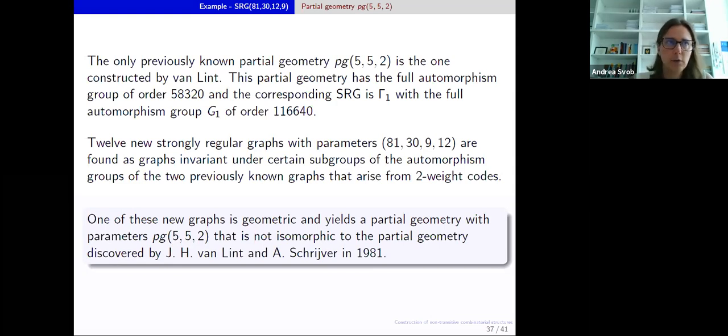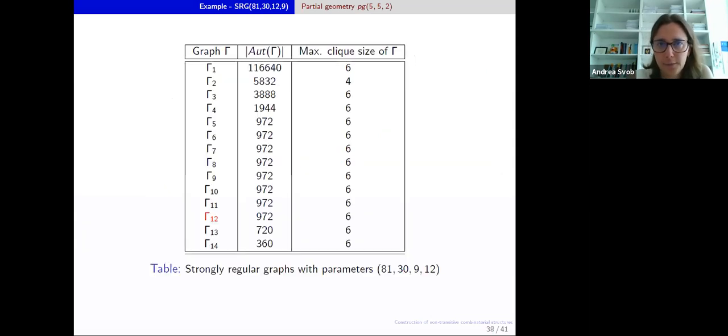We did not prove the existence because the existence was already proven, but what we were able to do was construct another partial geometry with the same parameters, which is not isomorphic to the one constructed by Van Lint and Schreiber. In this check for whether the graph is geometric or not, we were using the condition of Bose and the number of maximal clique size.